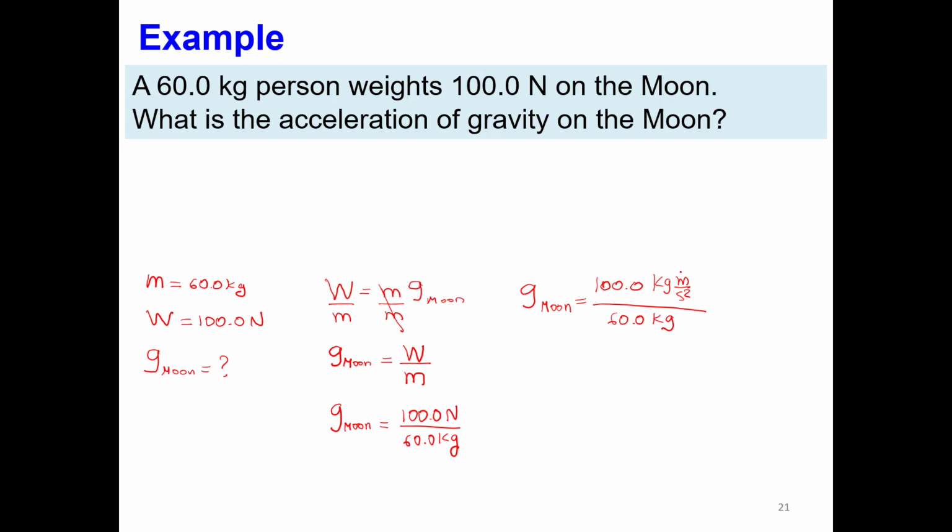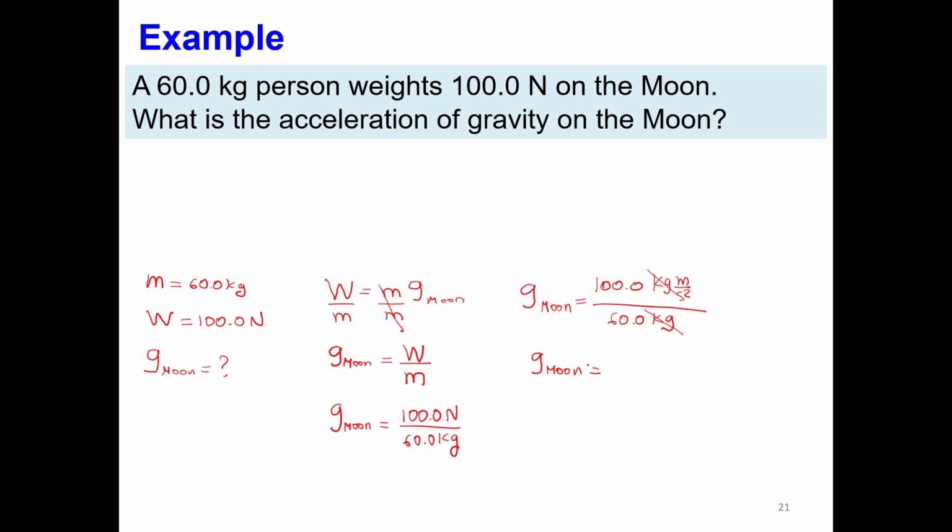This is the definition of Newton. We can see the kilograms cancel out and the units are meters per second squared. These are the units we know. These are the units of acceleration.